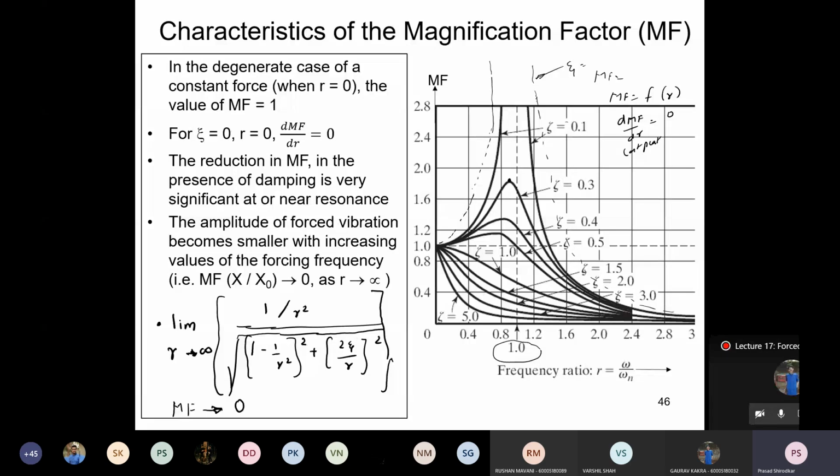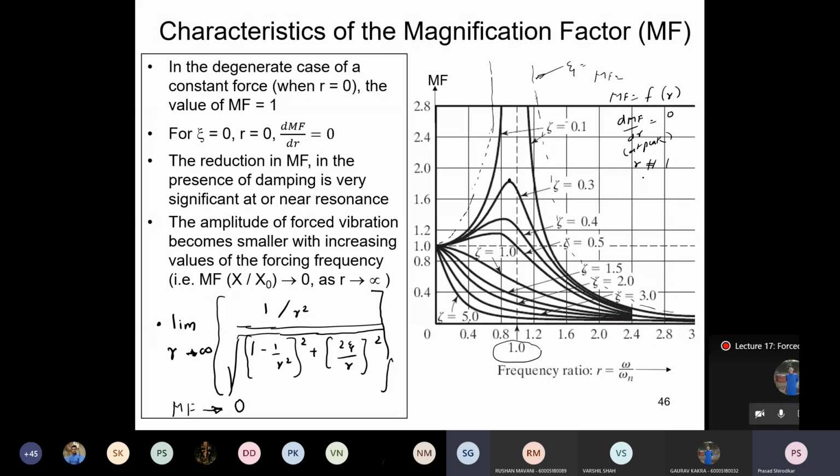Since you have brought up this point, it is important to note that the frequency ratio at the peak is not equal to the resonance value.